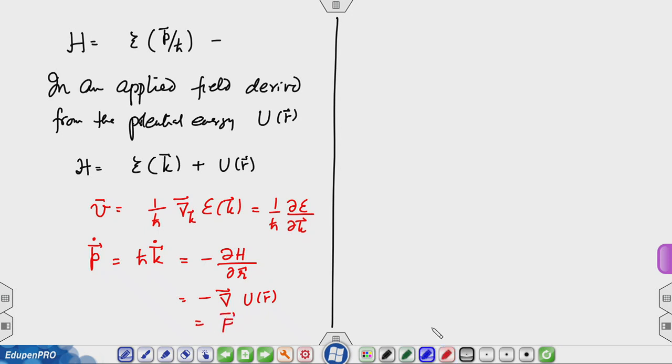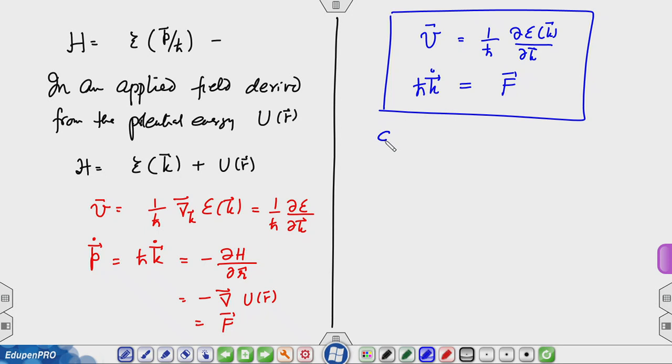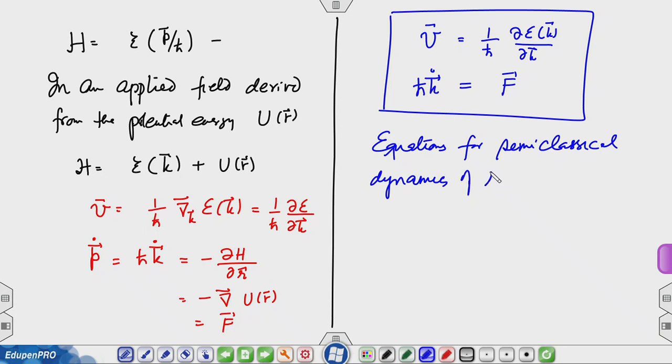So, I get two equations. V of electron in a band can be written as 1 over h cross del E k by del k, and h cross k dot is equal to the applied force. These are the equations for semi-classical dynamics of an electron in a band.